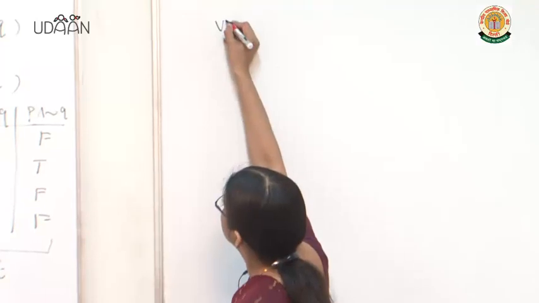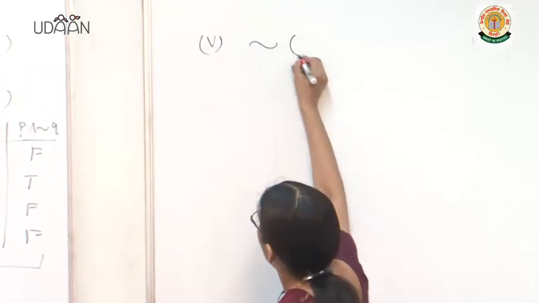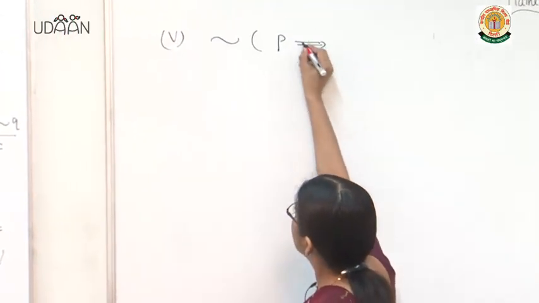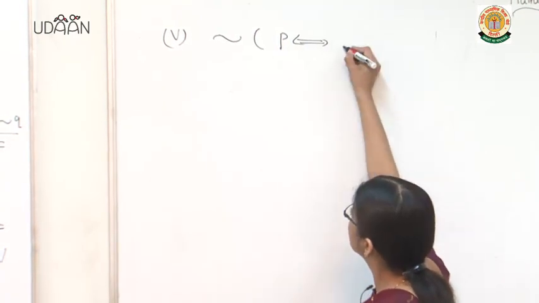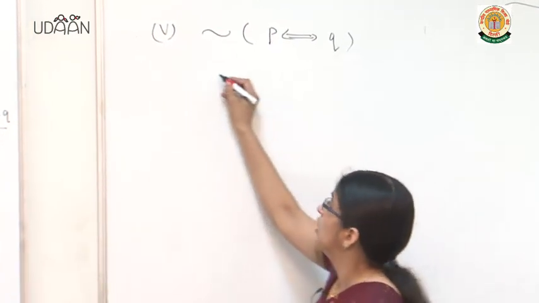And proceeding further, can you tell what is the negation of P implied by and implying Q? Let us see.